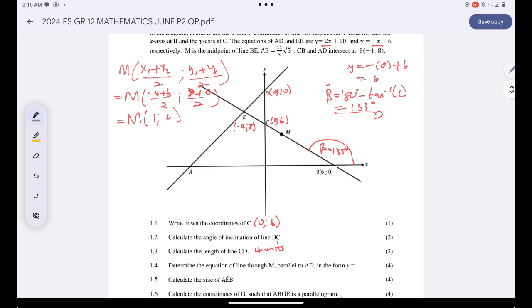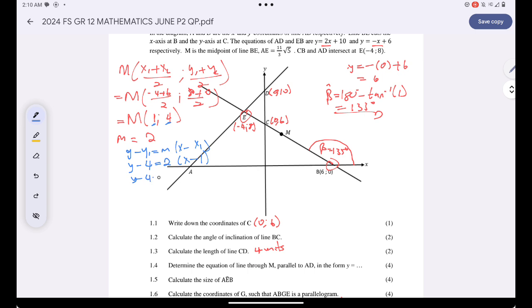M is the midpoint of this point and this one. And then the gradient will be equal to the gradient of AD. Why? Because parallel lines have the same gradient. The gradient of AD is 2, which simply means that the gradient of the line passing through M is also 2. So I'll just use this equation, y minus y1 equals m times x minus x1. My y1 will be 4, my gradient is 2, and my x1 will be 1.